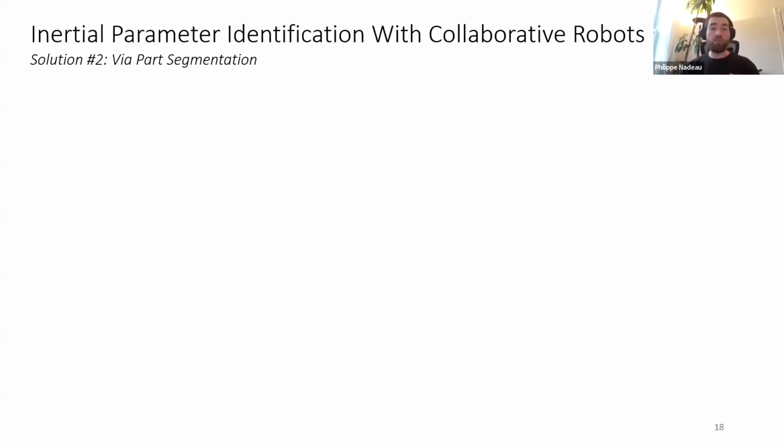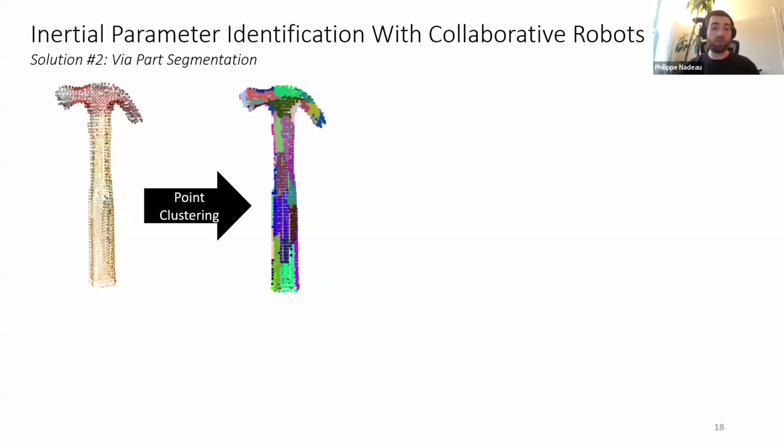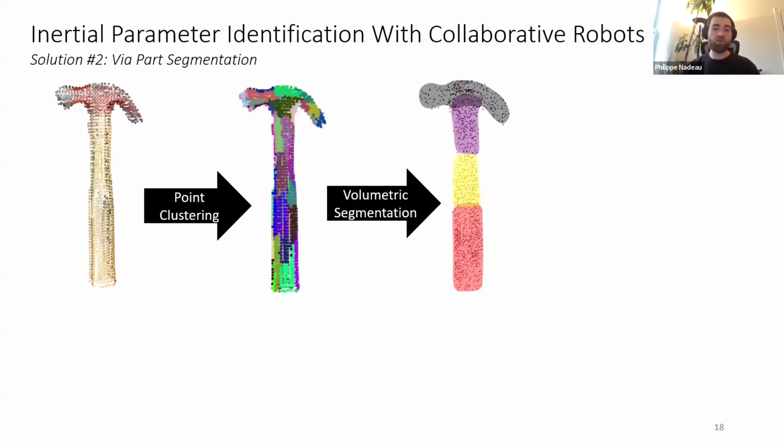So in this work, part segmentation is done on point clouds in a two-stage process, where the first stage performs point clustering based on local features, while the second stage performs volumetric segmentation that optimizes for part convexity.